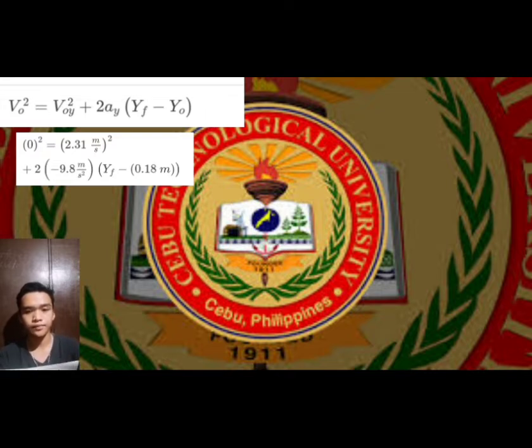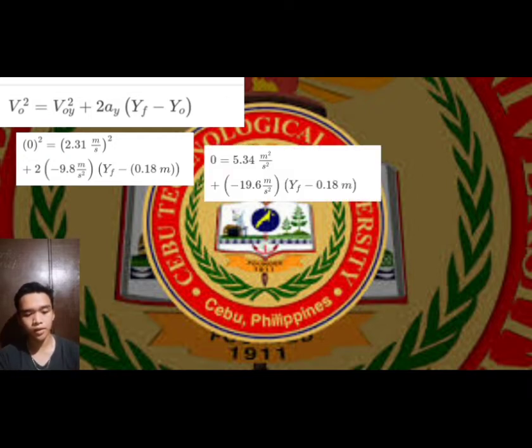So let's continue. 0 equals our velocity oy squared, 2.31 meter per second raised to 2, so we need to multiply it by itself. So we have 5.34 meters squared per second squared plus 2 times our ay, so we have negative 19.6 meter per second squared. So we have our y final minus 0.18. Let's continue.